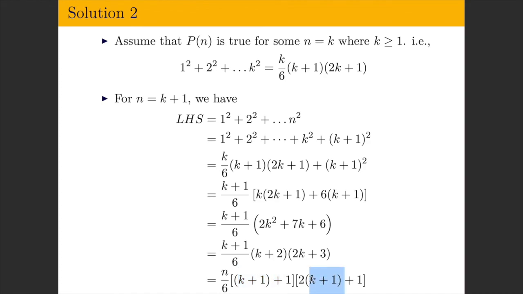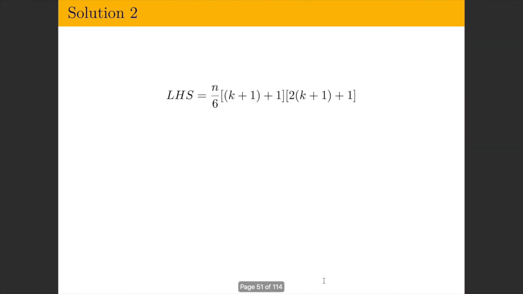The 2k plus 3 can actually be written as 2 times k plus 1 plus 1. And actually what I've preempted here, I've rewritten the k plus 1 as n. Because now you'll notice if the k plus 1 is n, then you'd have n here and you'd have n here.